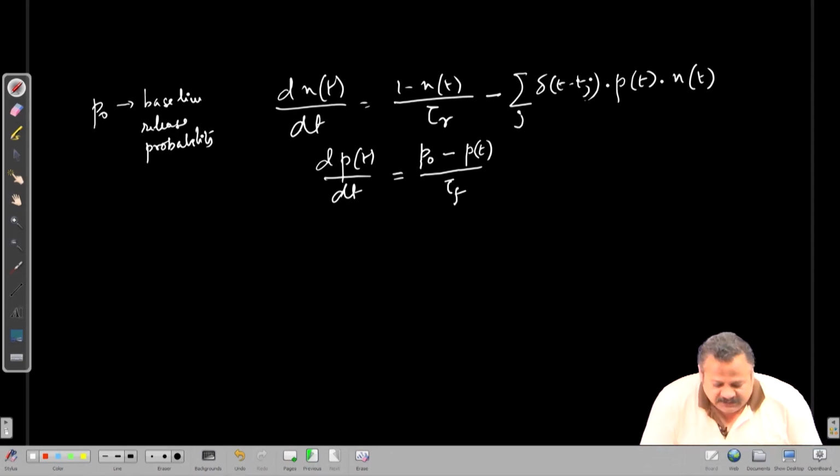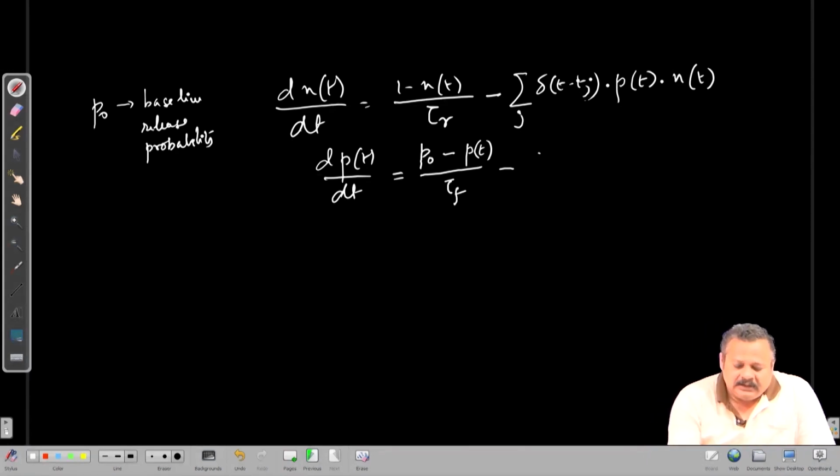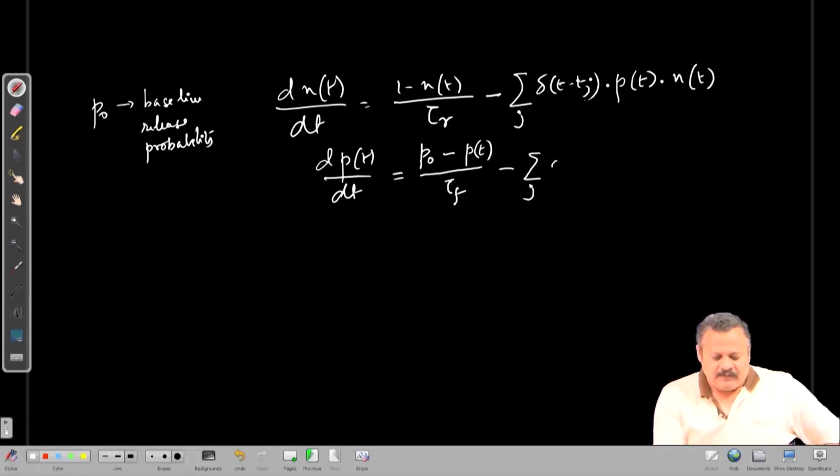And now we need a jump in the probability of release for every presynaptic spike, essentially reflecting the build up of calcium. So, that is given by the sum over j of delta t minus tj. There is a factor that we can put in, AP, times 1 minus Pt.